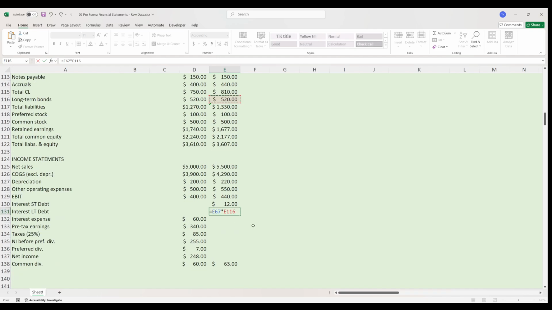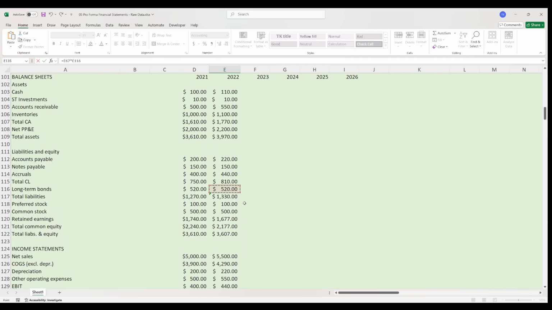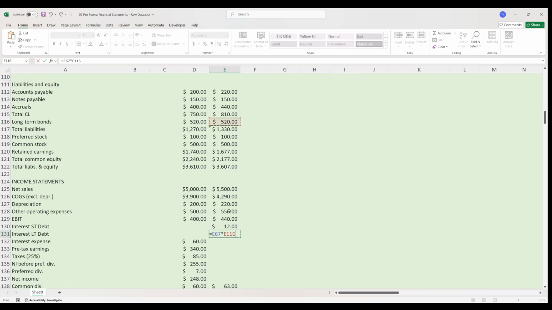Once again, if you have any trouble, just pause the video and try to do it on your own. However, you may have different row references from mine. Just make sure you're referring to the interest rates on long-term bonds, as well as notes payable and the interest rate on short-term debt. And then the interest expense is going to be this plus this. That's the total interest expense.